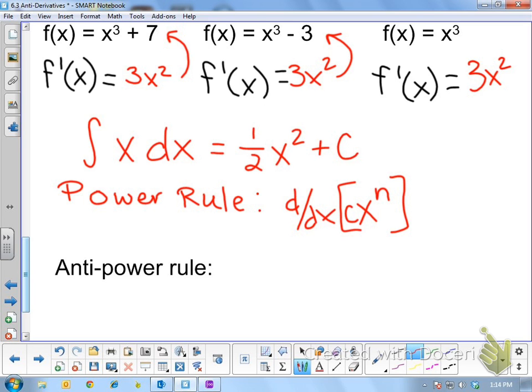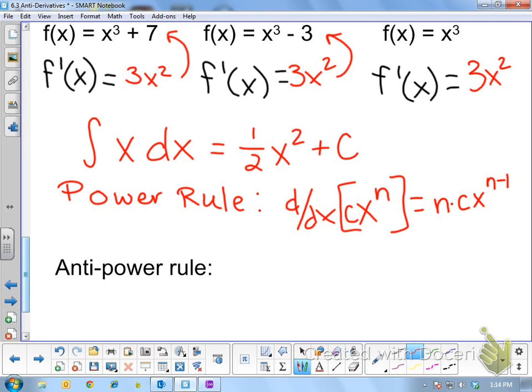Integration has the uppercase C, but here we're just saying some random constant. Then, how did we do our power rule? If I said x cubed, how did you get from x cubed to 3x squared? Times n by the constant, and then n minus 1.